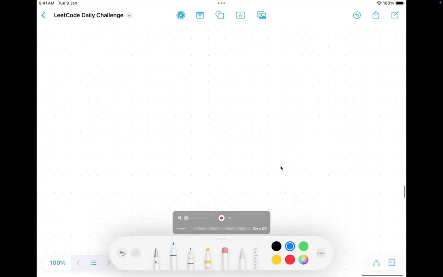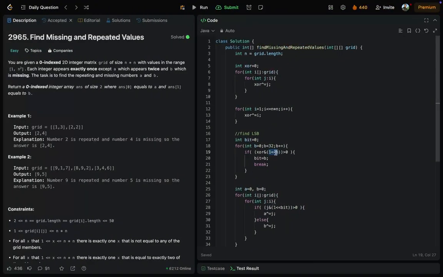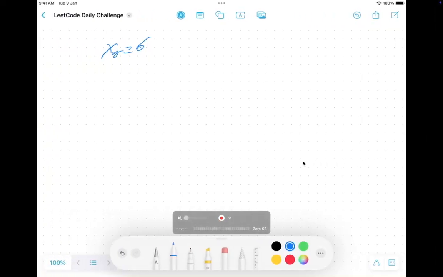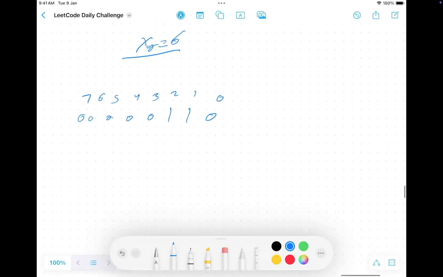So 6, how can 6 be represented? 6 can be represented as this, and again zeros. This is the 0th position, 1st position, 2, 3, 4, 5, 6, 7. Then this will iterate till 32 or 31, right?